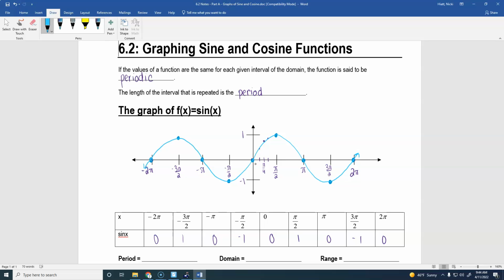And what's so cool about it is there are so many things in the real world that can be modeled using these types of functions. So, if you think about one that you might be thinking about a little bit right now, ignore daylight savings time.